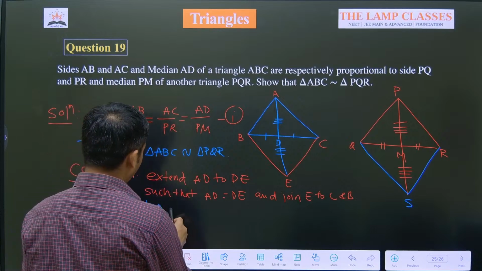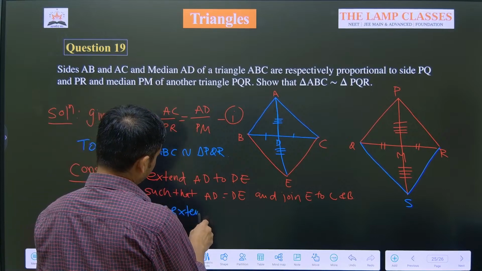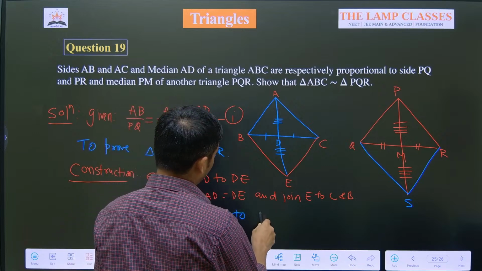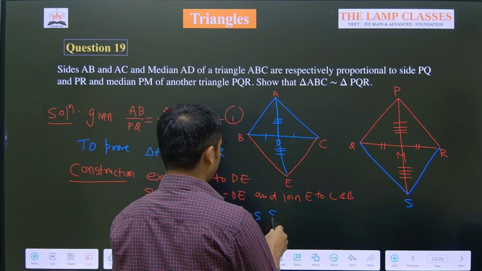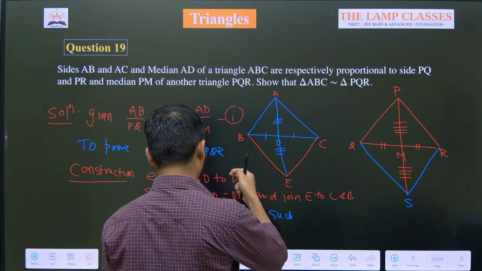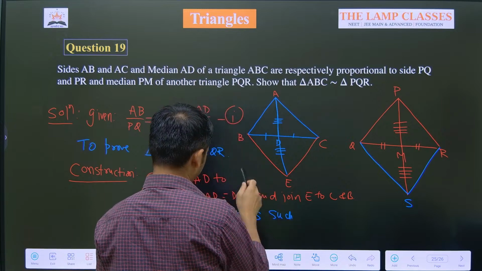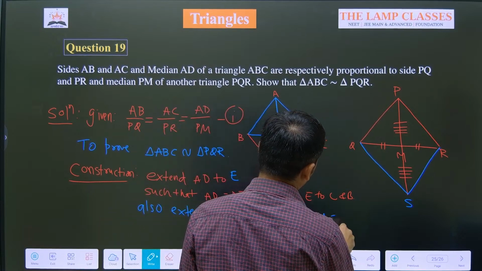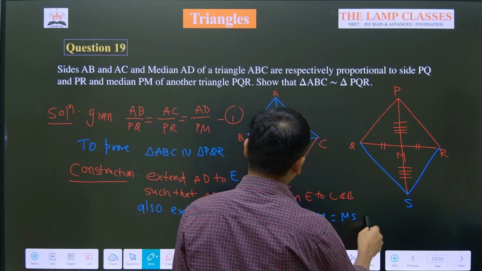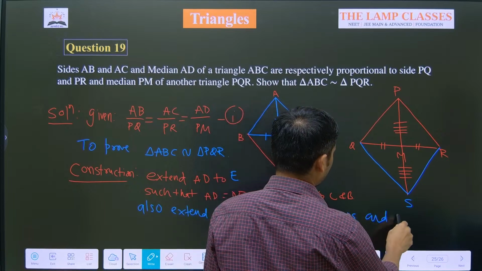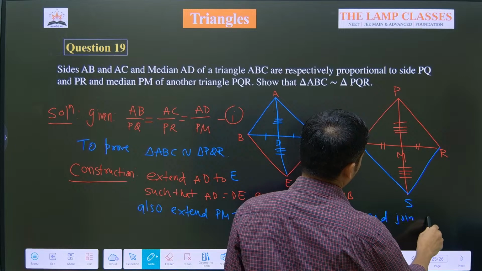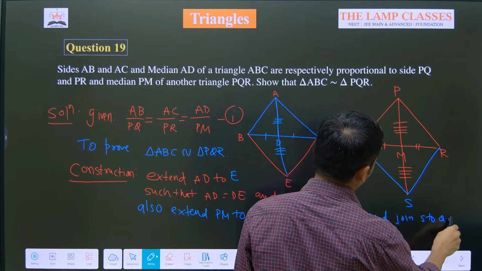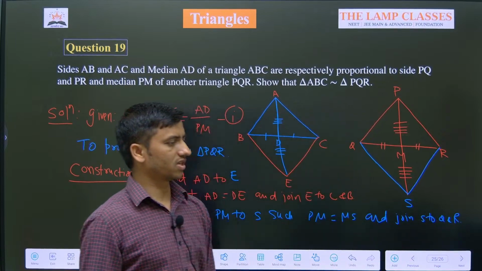Also extend PM to S such that PM is equal to MS, and join S to Q and R. So the construction part is done.